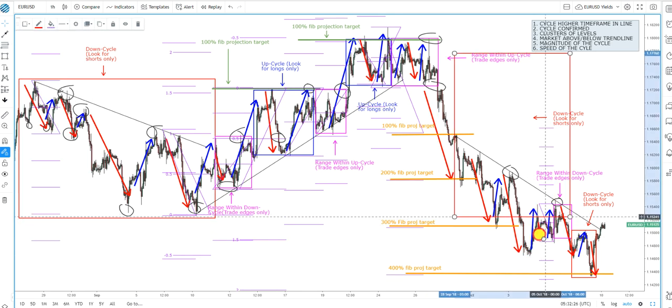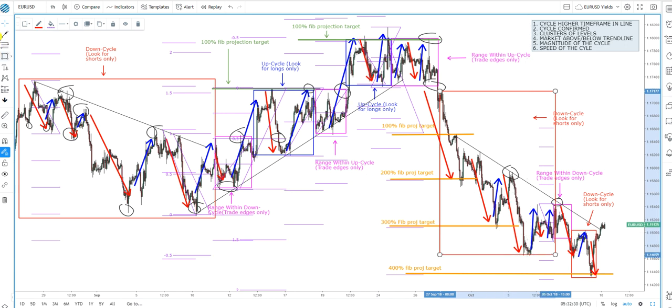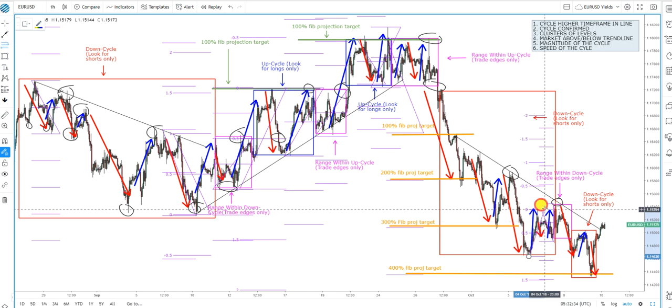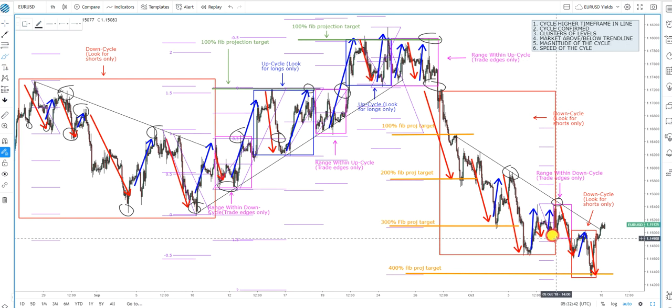And on the way down, sorry, let me grab the Fibonacci retracement. So on the way down, this one would have also been a confirmed low, okay?